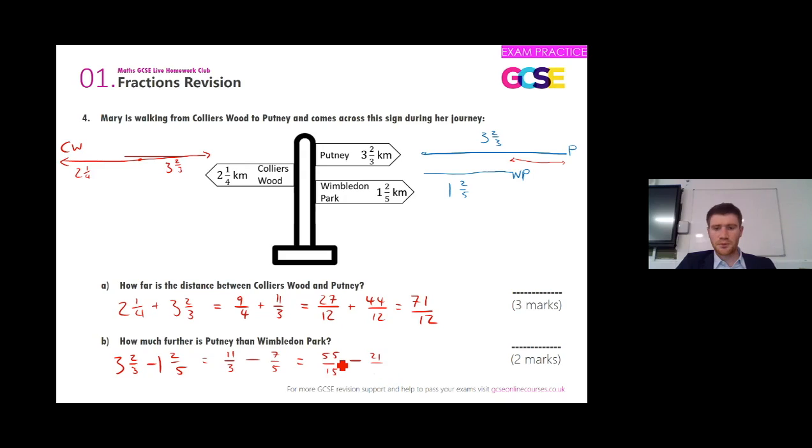Okay, that's going to be 34/15. Again, I don't need to simplify. I can't simplify anyway, but I don't have to, and I don't need to write it as a mixed number. Okay, so that's that question done.